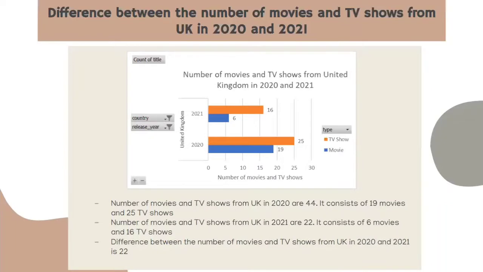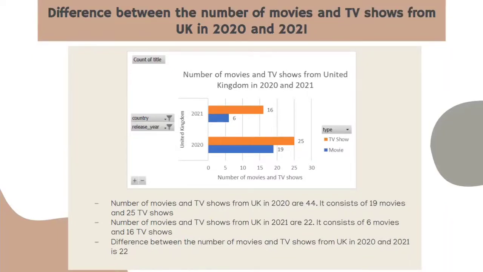Thank you to Brother Azim for his presentation. Now in my part, I will explain to you the difference between the number of movies and TV shows from UK in 2020 and 2021. The number of movies and TV shows from UK in 2020 is 44. It consists of 19 movies and 25 TV shows.